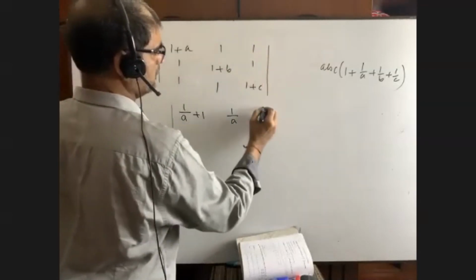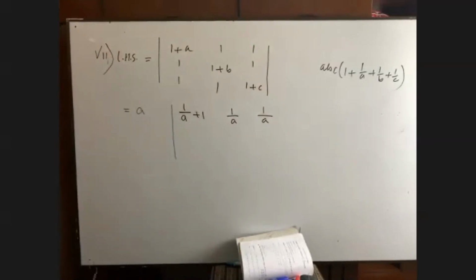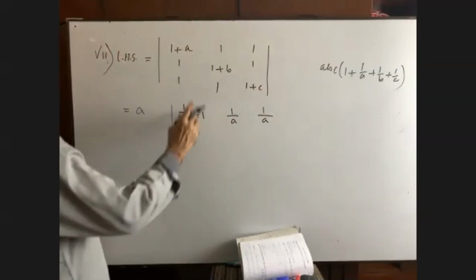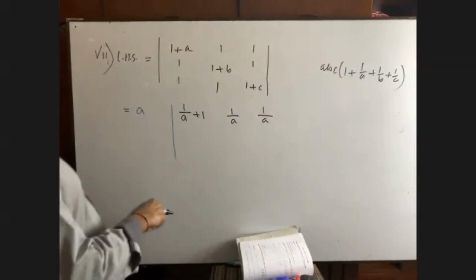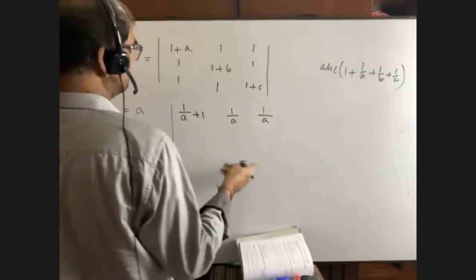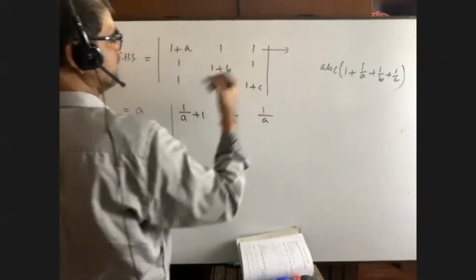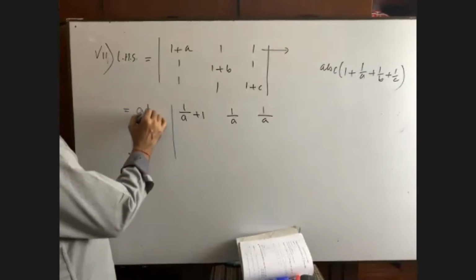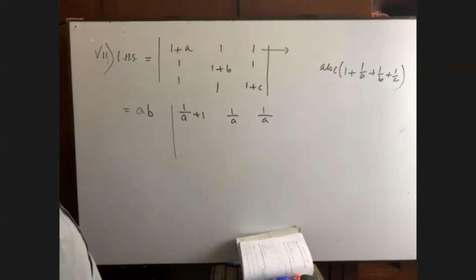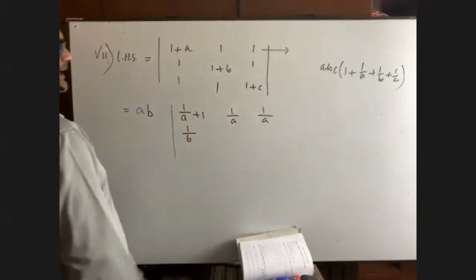I have taken a common; if I multiply all by a, then we will get the first row. I repeat, if I multiply all the entries of the first row by a, then we will get the first row of the given determinant. Now go for taking b common from the second row. So what will be here? Let me know. 1 by b. Am I right?